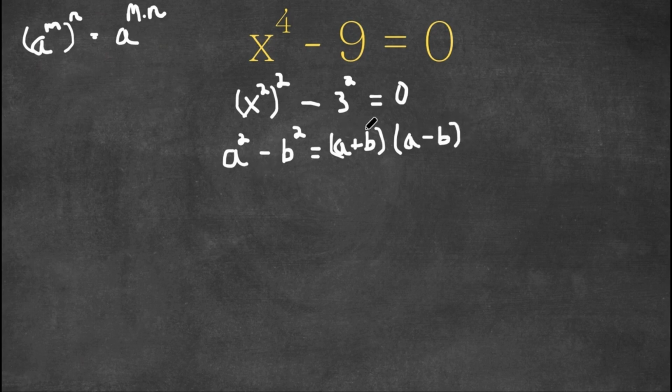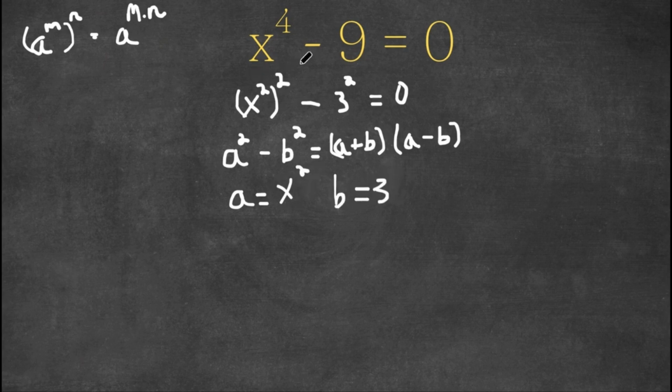So a squared minus b squared can be written as a plus b times a minus b. As you can see, what I've done is changed this equation to match up with a squared minus b squared. In this case, a is equal to x squared, and b is equal to 3.